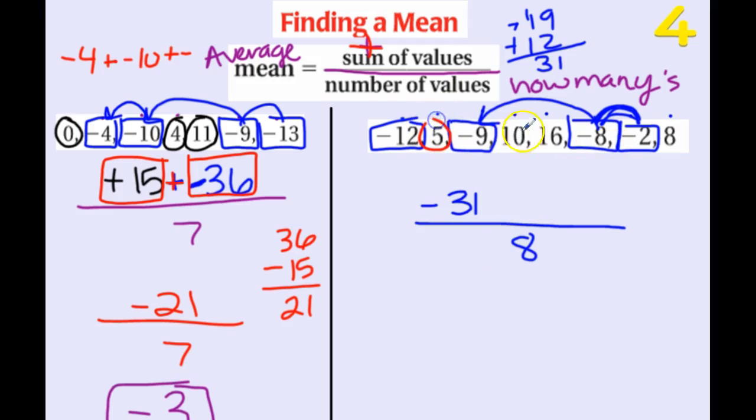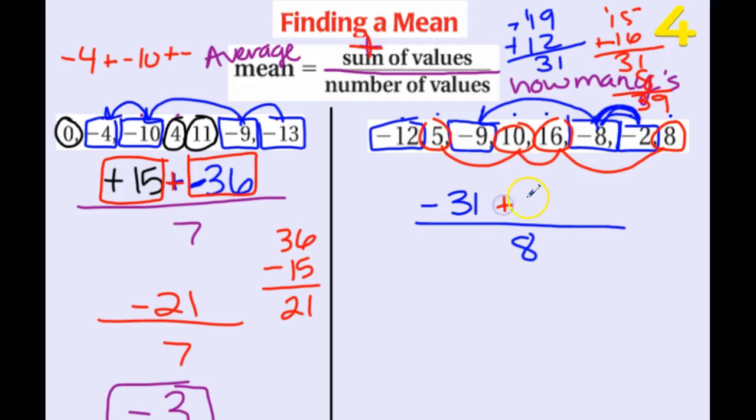And then our positives. 10 plus 5 is 15. 15 plus 16 should give us 31. And 31 plus 8 more is 39. So we have negatives and positives.